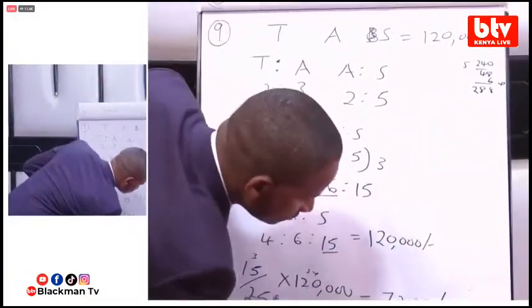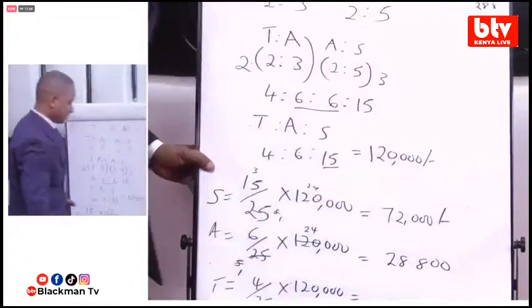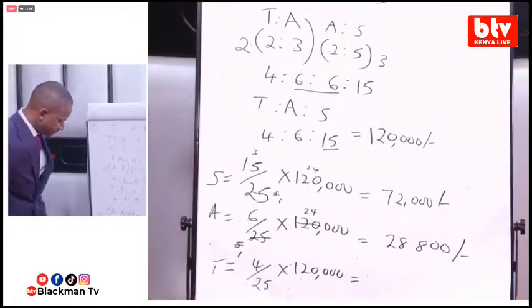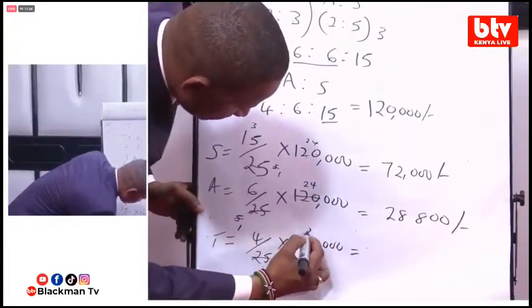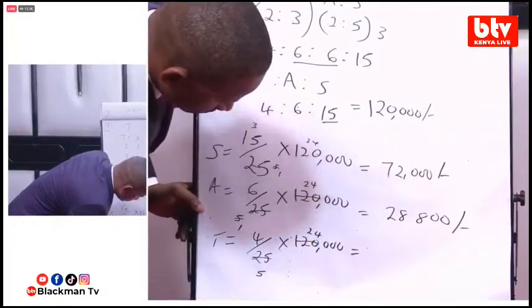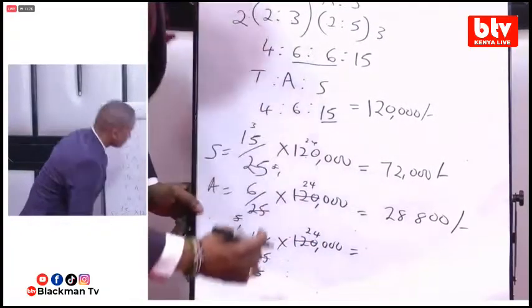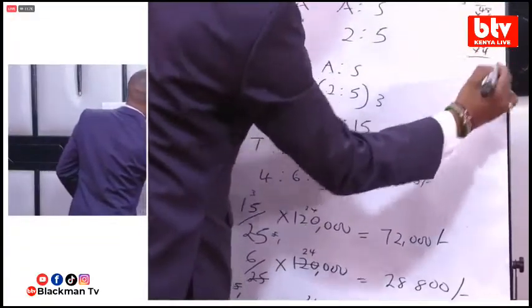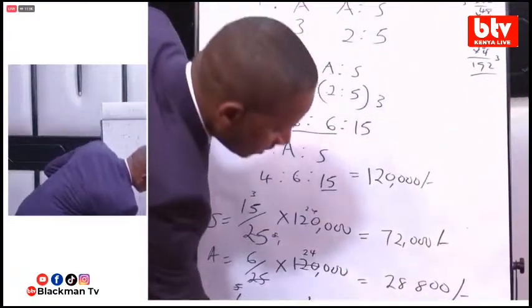So this person contributed 28,800. And what about the last person? 5 here 5, 5 here 24. So that is 48 times 4. That is 32, carry 3, 16, 19. 19,200.